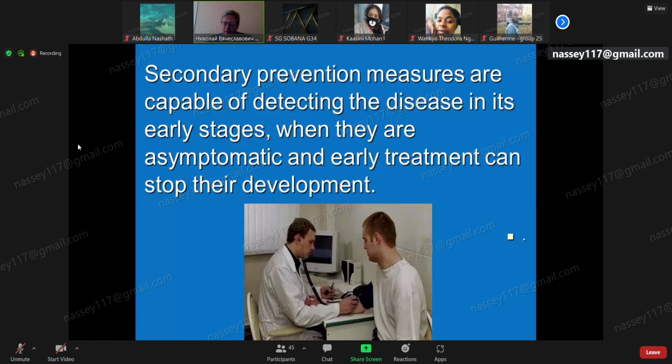It may be asymptomatic, and we can detect and confirm stable angina only by a stress test or a test with physical exertion, and of course with registration of an electrocardiogram.